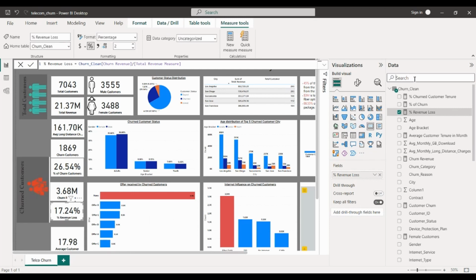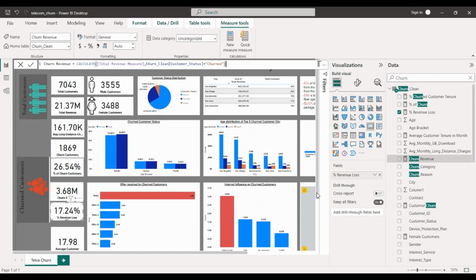Churn revenue is calculated with the CALCULATE function: the first argument is the total revenue measure, and the second argument is customer status equal to churn. So all churn customers get into the filter. First customer status filters to churn customers, and then we calculate the total revenue with the help of the total revenue measure.